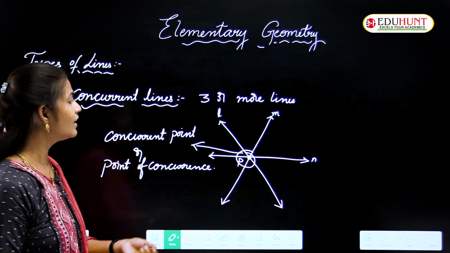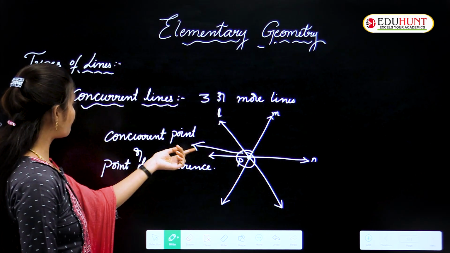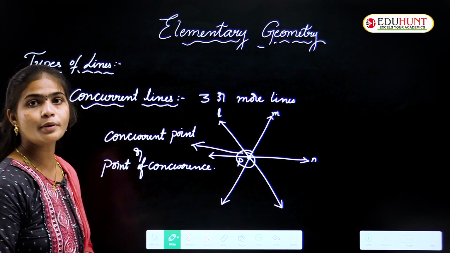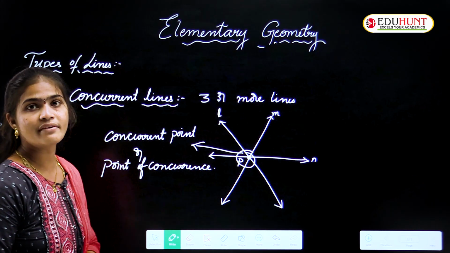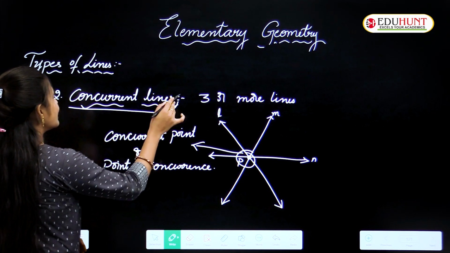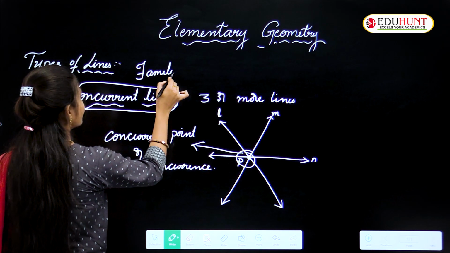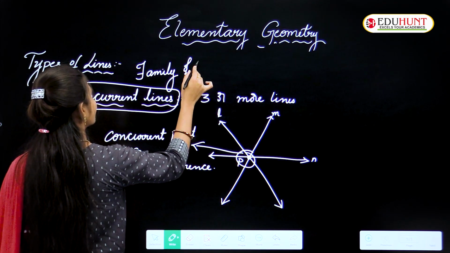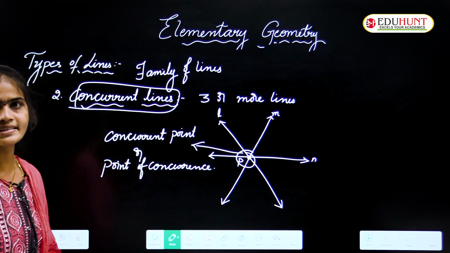Here these lines are concurrent lines, no? So that point is a concurrent point or point of concurrence. Okay, and these lines also have another name, that is a family of lines. So concurrent lines are also called a family of lines.